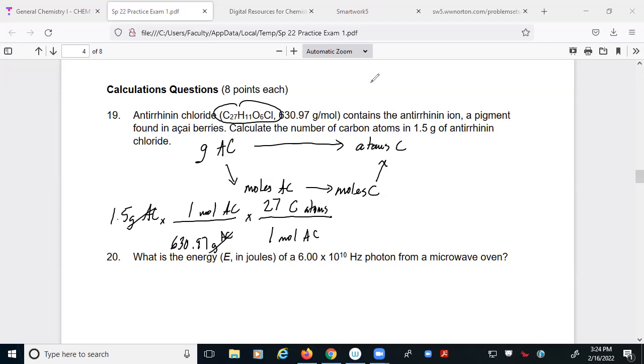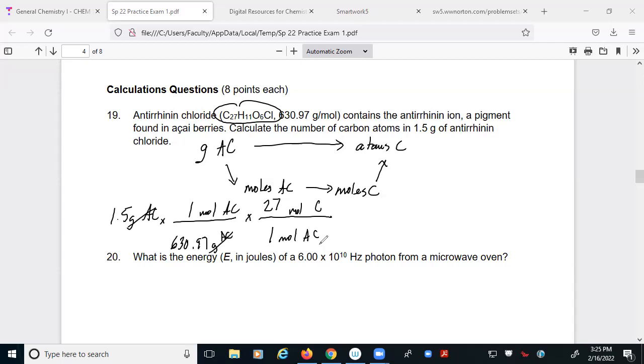carbon atoms in it. Or if we want to stay in the mole business here, we can say that there are 27 moles of carbon. Again, the molecule to atom ratio is the same as the mole to mole ratio for a compound. So I can say 1 molecule of AC has 27 carbon atoms in it.